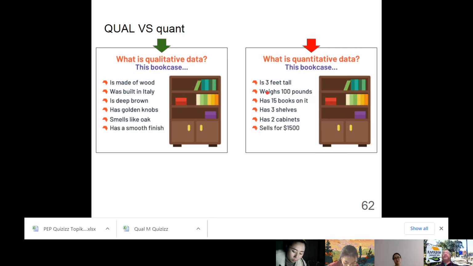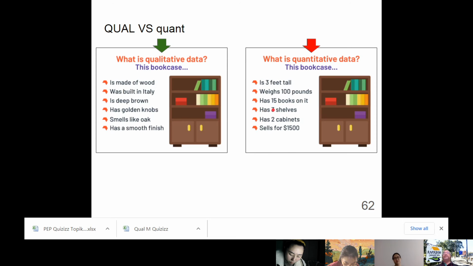Finding number two, the weight is 100 pounds. Finding number three, it has 15 books on it. So if you count how many books, it is 15 books. So that's your findings.